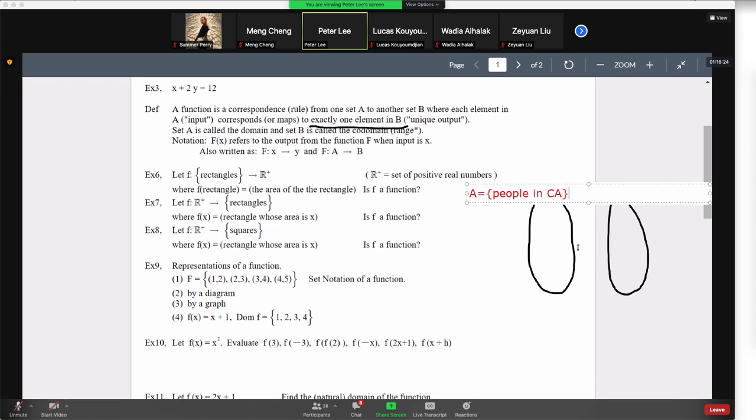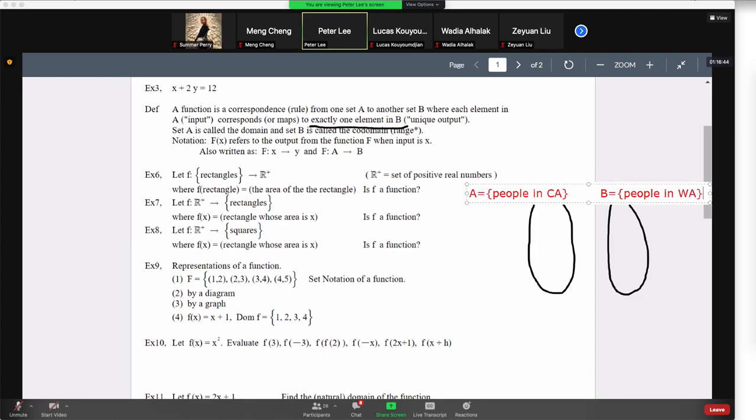And then let's say part B. Somebody tell me, can you name me a good state? What is your favorite state here? Let's say people in Washington.